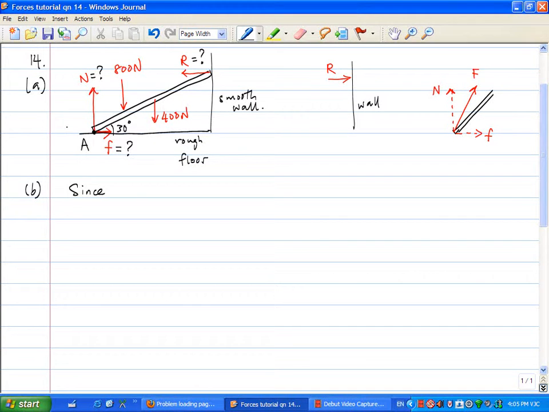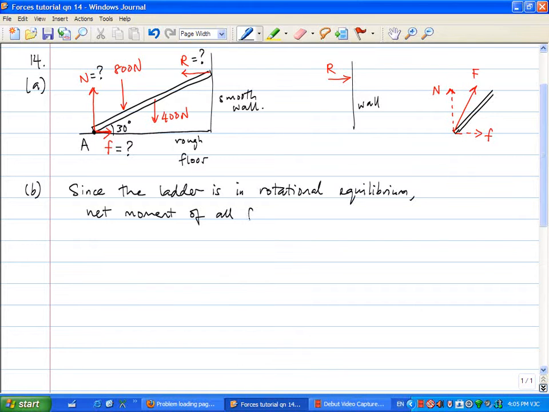So since the ladder is in rotational equilibrium, we find that the net moment of all forces about point A, the bottom of the ladder, is 0.